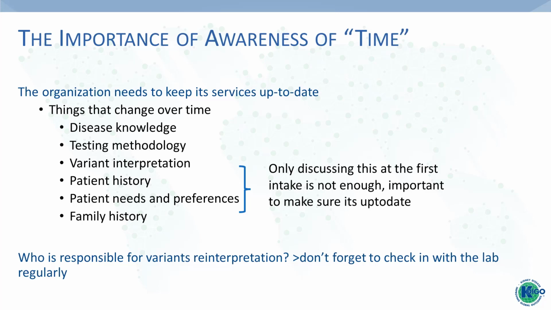Only discussing the patient history, the needs and preferences, and the family history at the first intake is not enough. It's important to make sure it's up to date, and that you update it every once in a while.